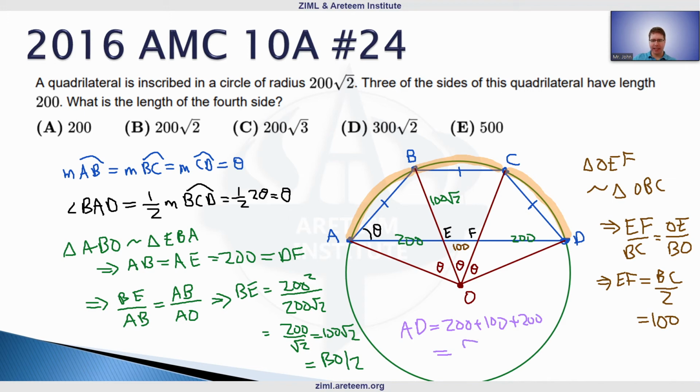So AD is 500 in this case. And that gives us our final answer of E in this scenario. So putting it all together, just following the angles, isosceles triangles, similar triangles, everything actually works out pretty nice, and that gives us our final answer, E, here.